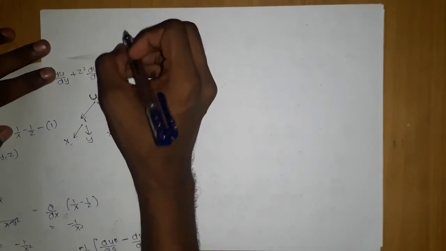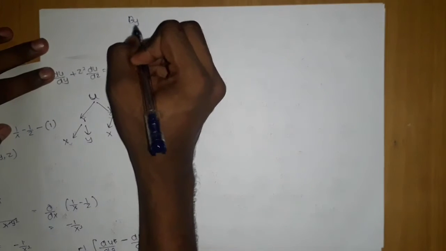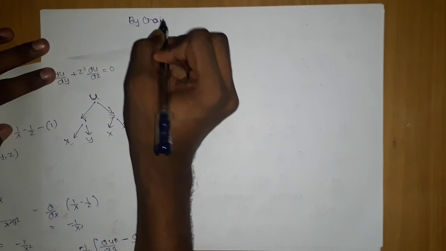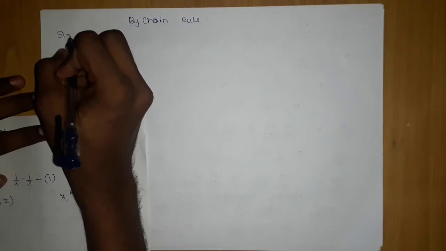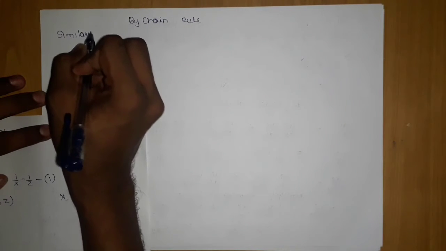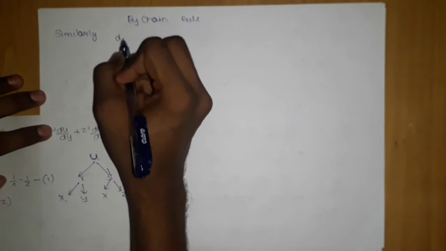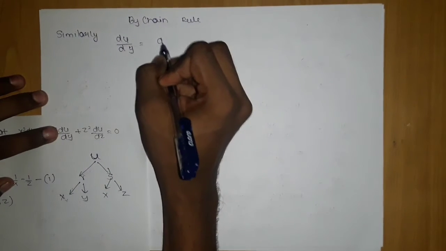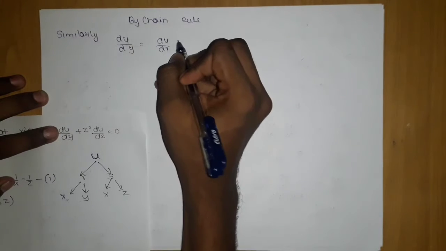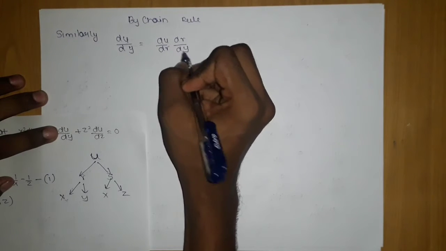Now we are going to write by chain rule. Similarly, don't do the entire thing again, it will be just a time waste. Dou u by dou y, what do you want? Dou u by dou r into dou r by dou y.